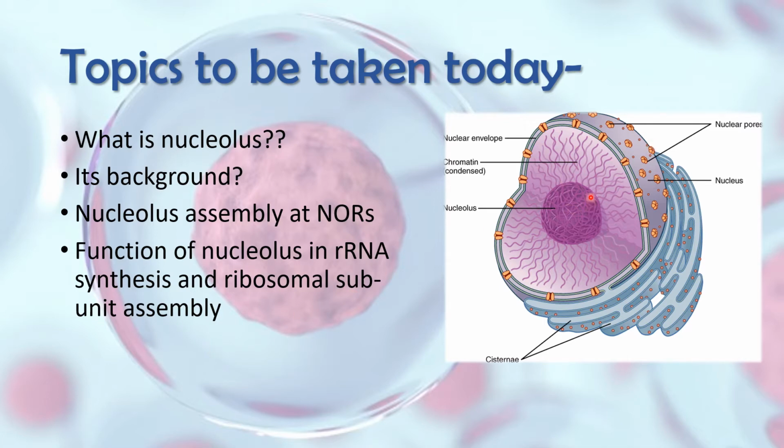You can see in this diagram, this dark purple dot-like structure is the nucleolus. In today's video we are going to discuss how it forms, its structure and its function.